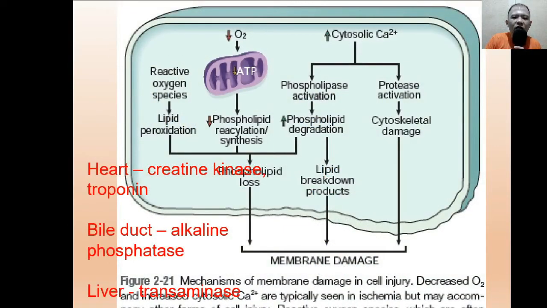So the common pattern in liver injury is that when the hepatocytes, when one hepatocyte is injured, it releases certain enzymes. Okay, this is what we learned in cell pathology, that during necrosis or apoptosis there is leakage of certain enzymes.